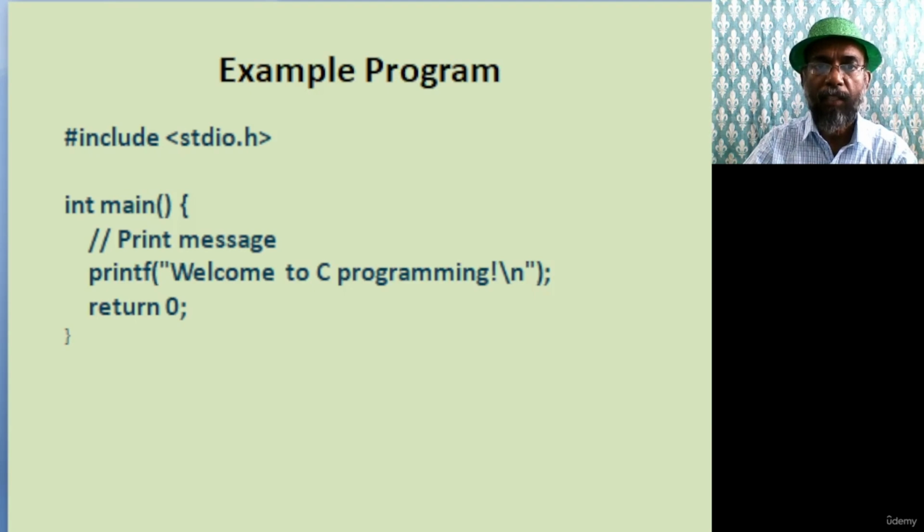The printf function sends a message to your screen. return 0 means the program ends successfully. Notice how every part we just discussed is here. That is the beauty of structure. You will always know where things go.